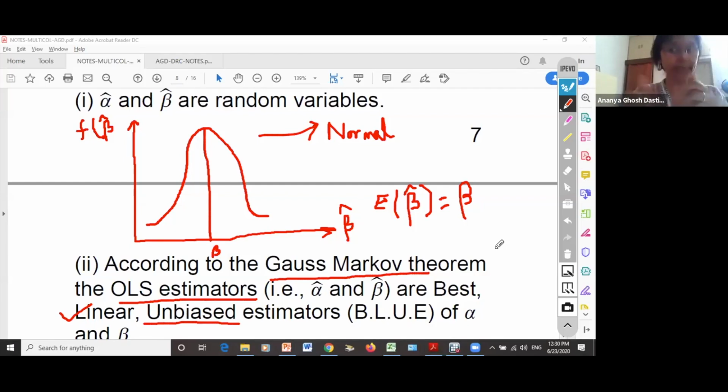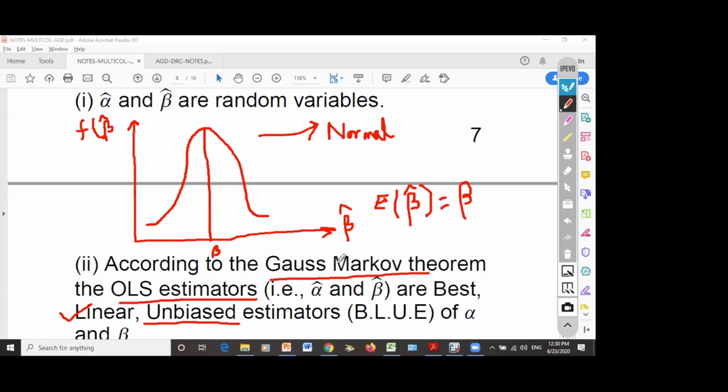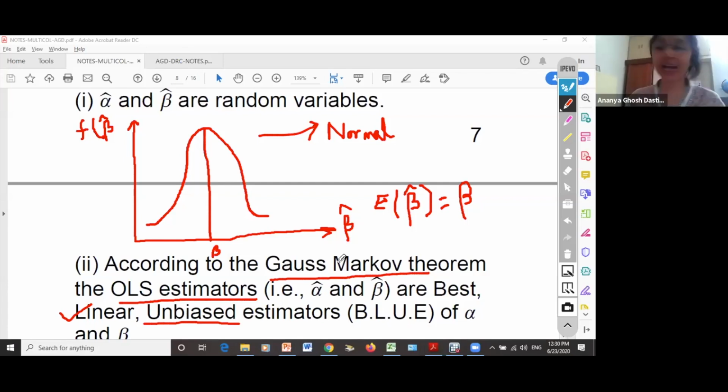Now to understand unbiased, the best thing is to look at bias. So what I'm going to now show you is a picture of a biased estimator that will help you understand unbiased more clearly.